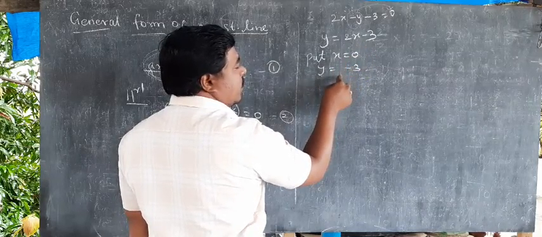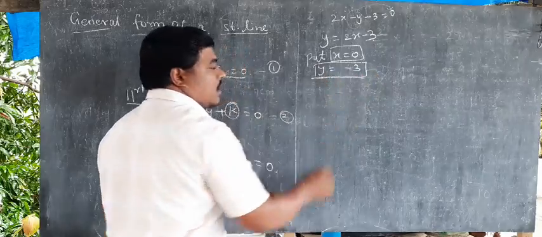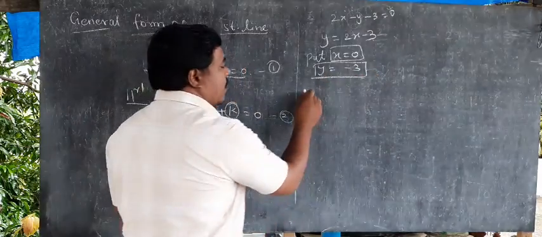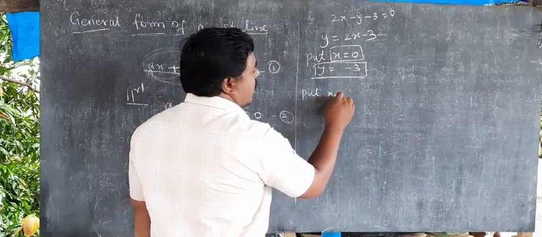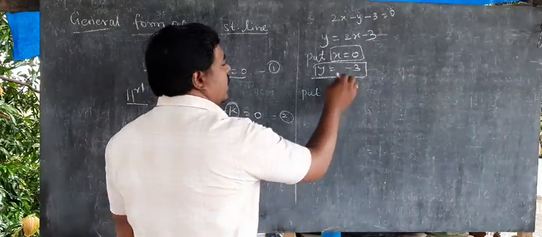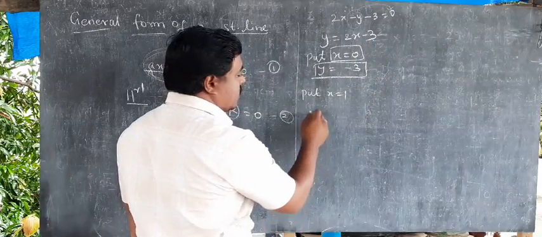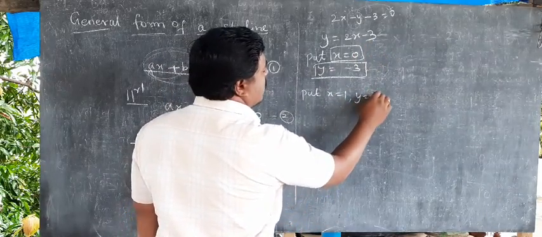So x equal to 0, y equal to minus 3. Then put x equal to 1. Put x equal to 1, then y equal to what? 2 into 1 is 2, 2 minus 3 is minus 1. So y equal to minus 1.